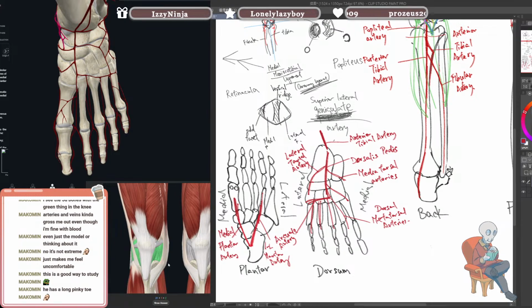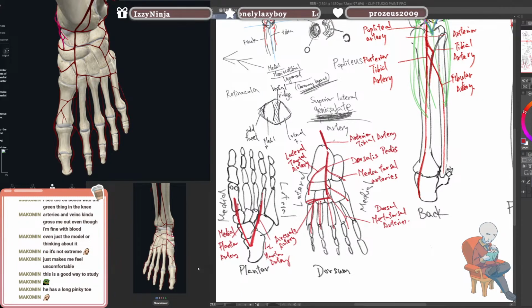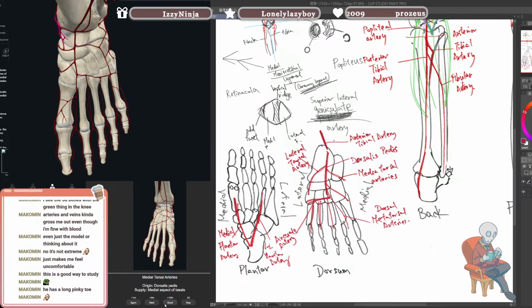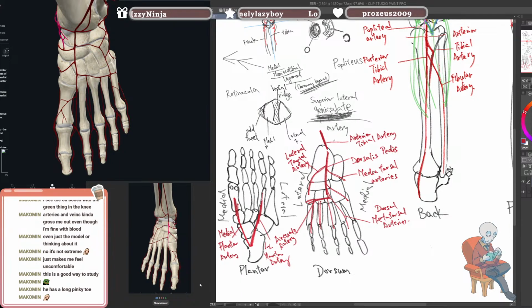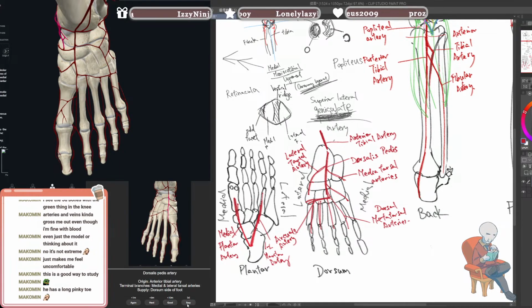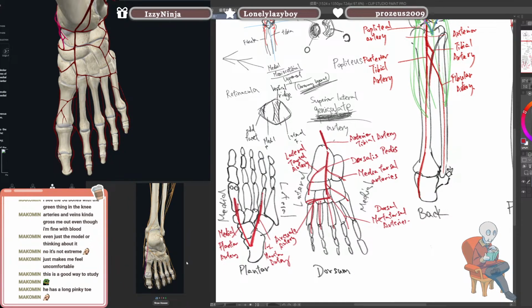This is the fibrous capsule of the knee. Easy. And this is the medial tarsal arteries. Yep. This is the dorsalis pedis. Oh no, it's yellow. That means it's nerve.